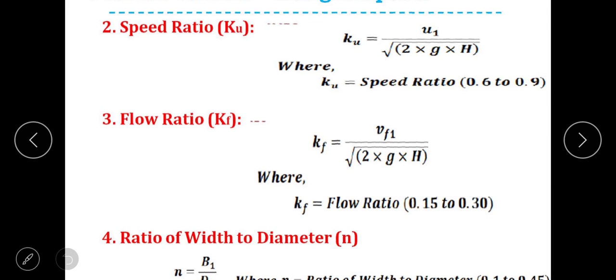If not, you have to calculate, or otherwise you can assume between 0.6 and 0.9. Flow ratio Kf is given by Vf1 divided by root 2gH, where H is the net head, and Kf is the flow ratio. It ranges from 0.15 to 0.30.